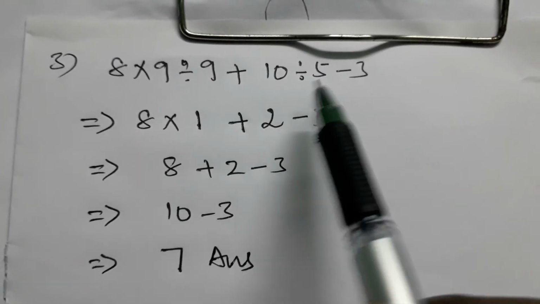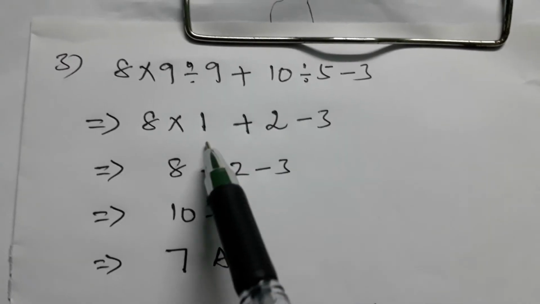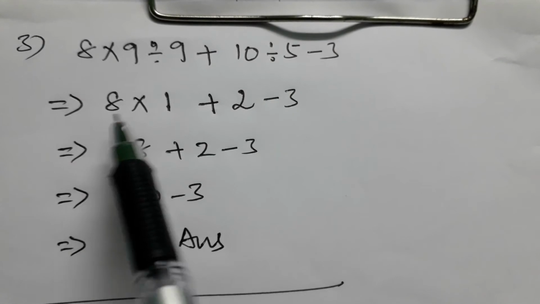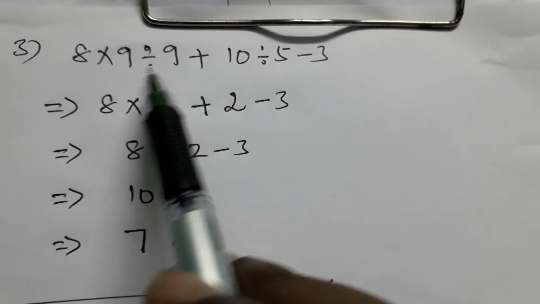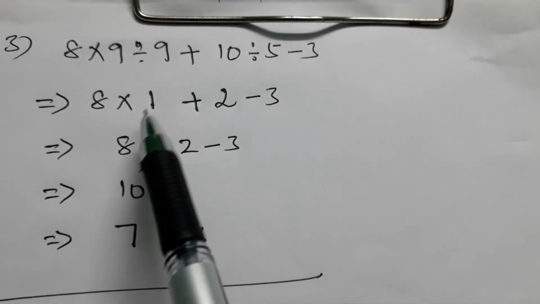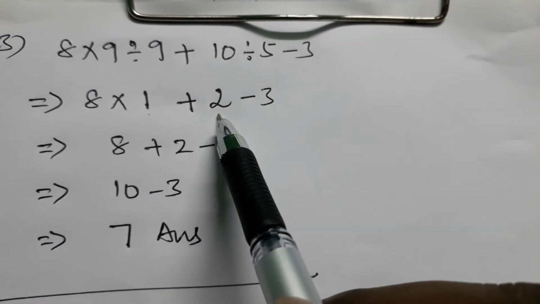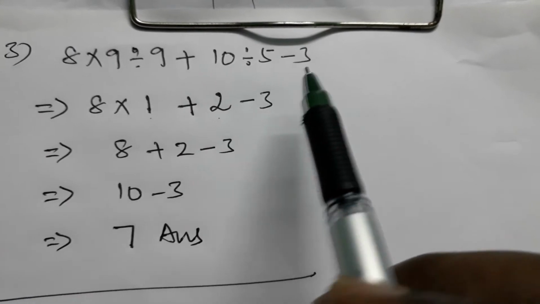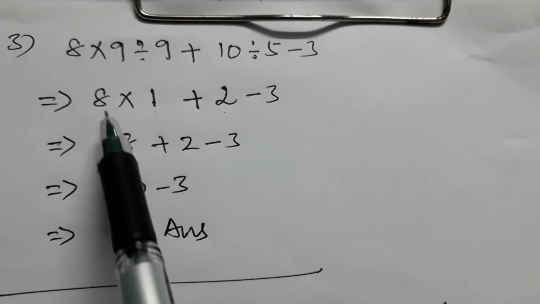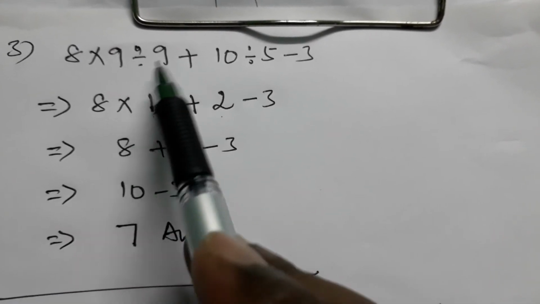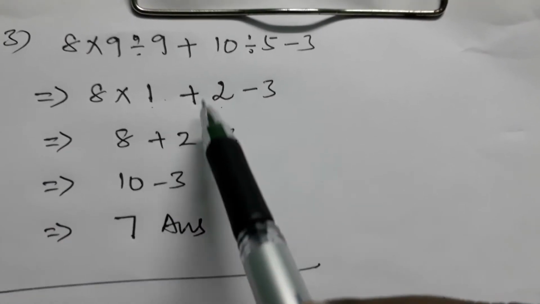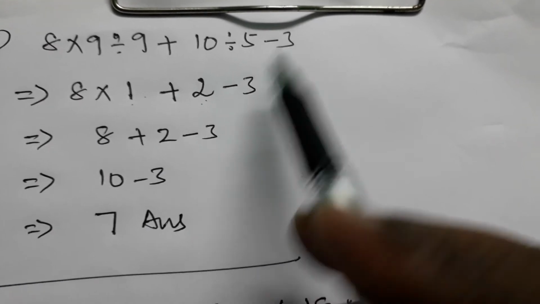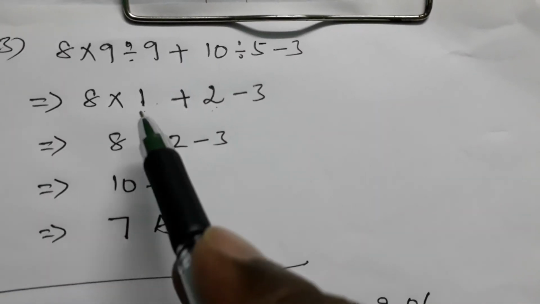Yes, here we have division, do division 1 and division 2. 10 divided by 5 is 2. The remaining stays as it is, only the results of these two divisions change. So, 8 into the division 1 result, plus 10 divided by 5 result 2, minus 3. Only the results are written right here.